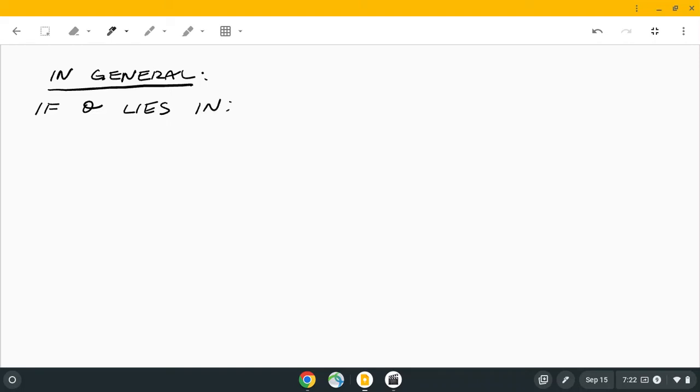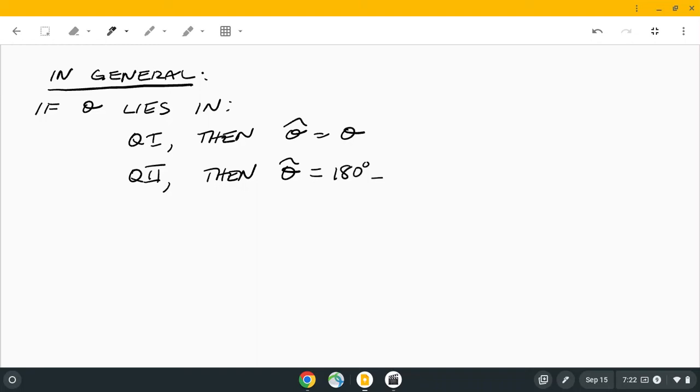So if theta lies in quadrant 1, then we don't have to worry about the reference angle, right? The reference angle is going to be the same as theta, because in quadrant 1, you're still in an acute angle. But if your theta is in quadrant 2, so some angle between 90 and 180, then in order for you to find theta hat, it is 180 minus theta.